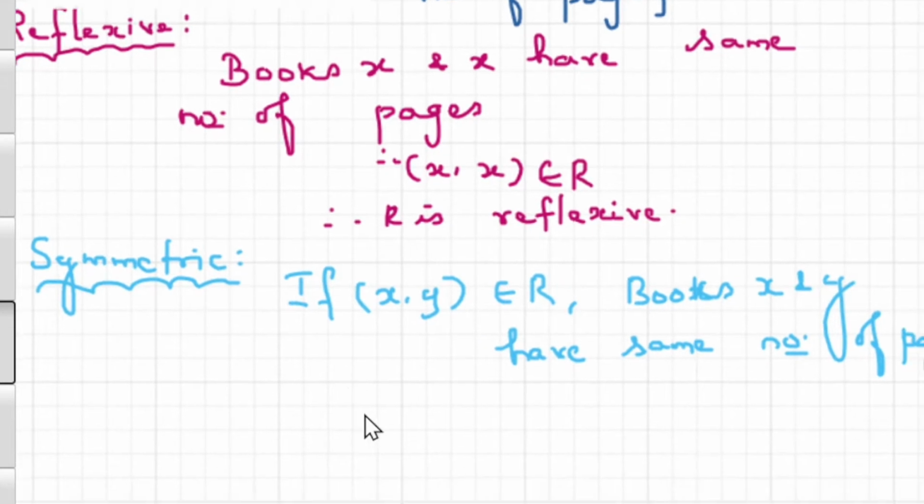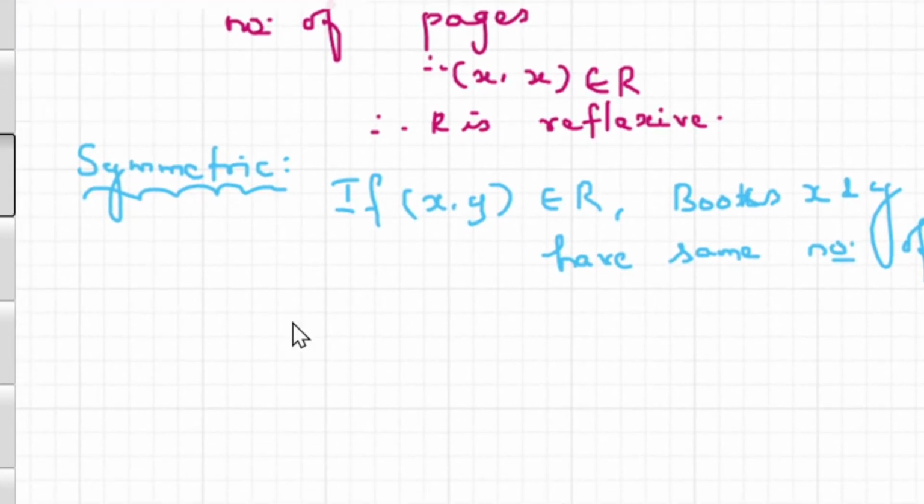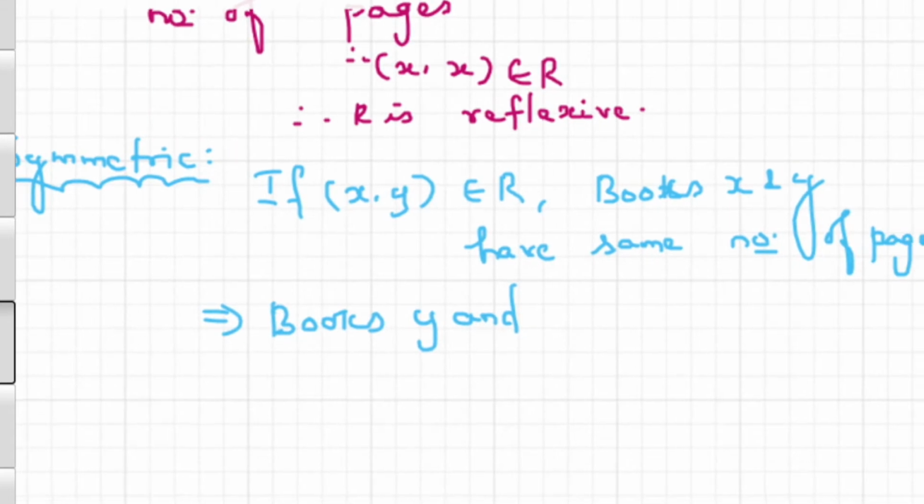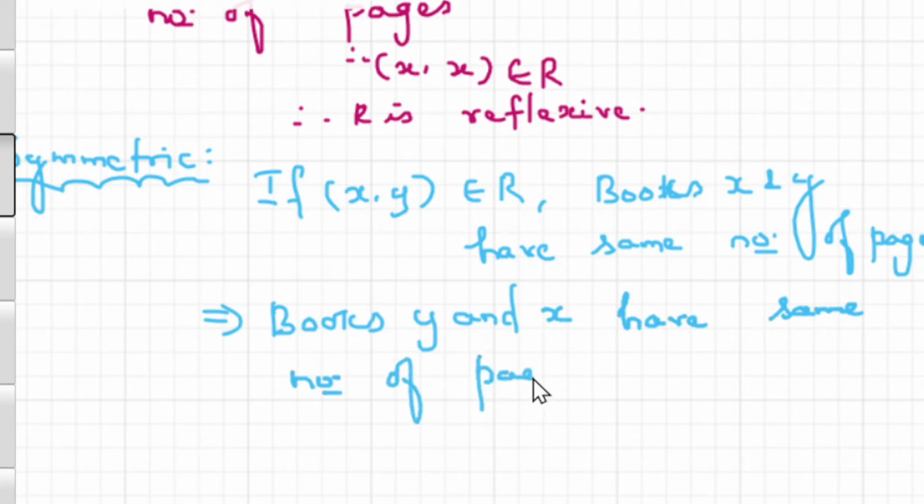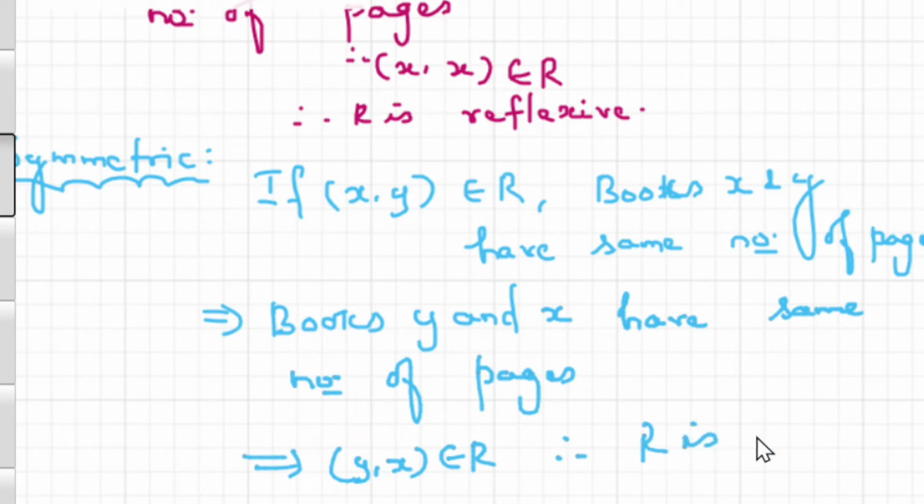So it is clear books y and x have the same number of pages. This implies (y, x) also belongs to R, and therefore R is symmetric.